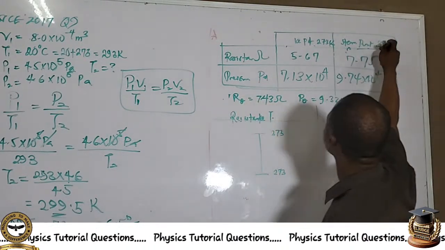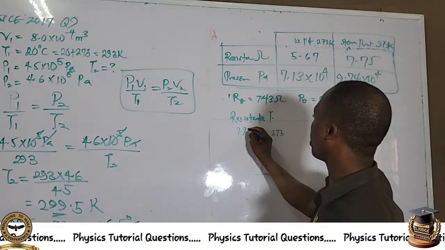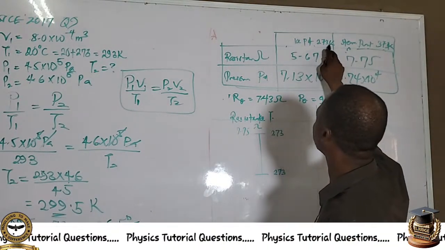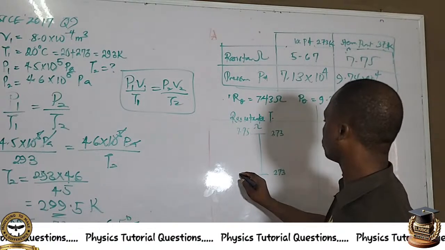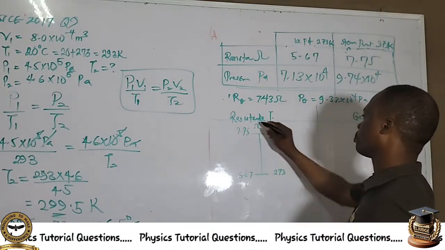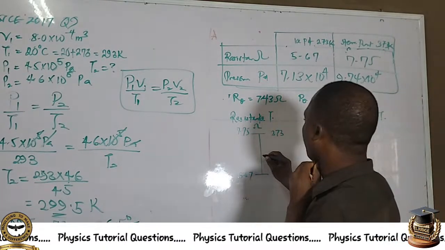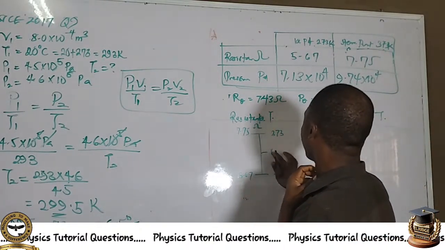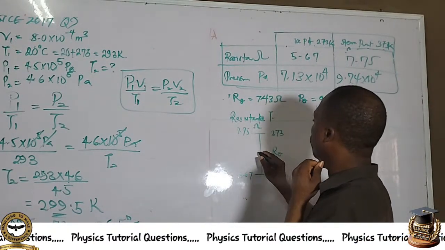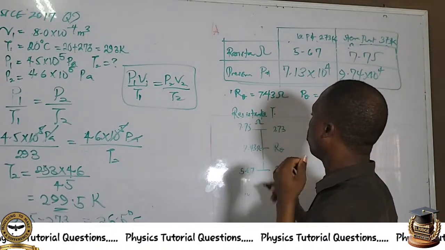When it is at 373, we have 7.75 ohms, and when it is at 273, we have 5.67 ohms. What temperature will we have when the resistance is 7.43 ohms?